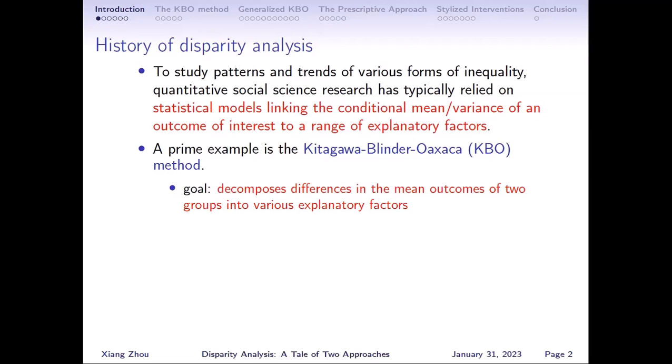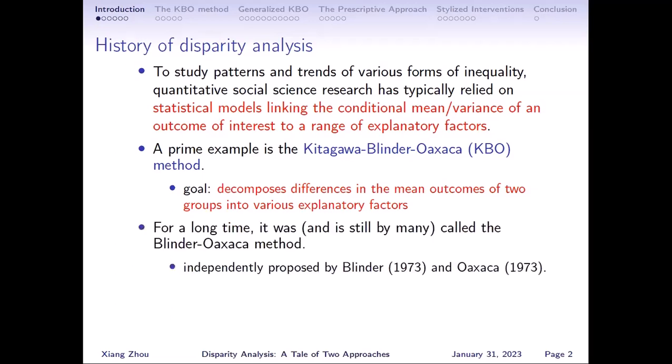decompose differences in the mean outcomes of two groups into two components. One component explained by different explanatory factors and an unexplained or residual component. And for a long time, this decomposition was called, and is still by many called, the Blinder-Oaxaca method, as it was independently developed by Blinder and Oaxaca, two male economists in the 1970s.